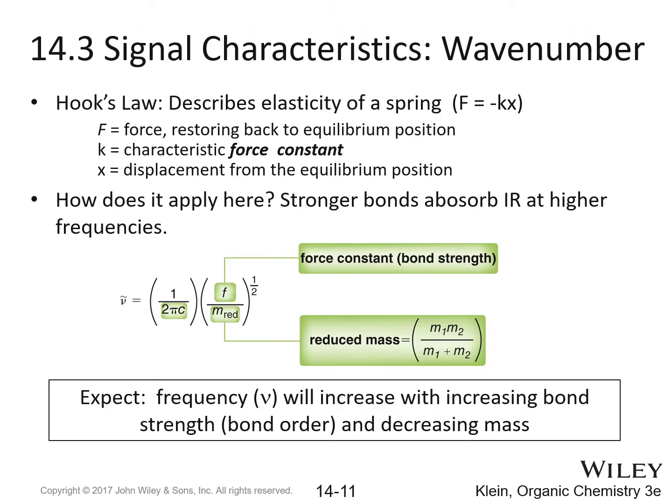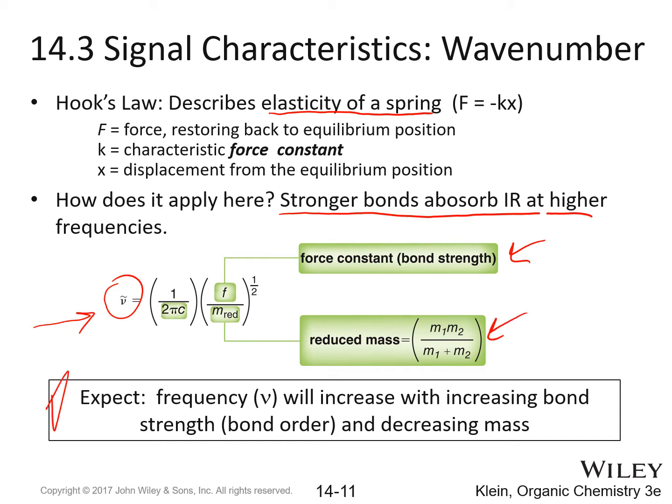Hooke's law describes the elasticity of a spring. And although we're not going to be plugging anything into this equation or applying anything from this equation, it does tell us some important things. It applies in the sense that stronger bonds will absorb IR radiation at a higher frequency. So some factors that affect the wave number, or where it lies on the x-axis, are your bond strength and the mass of the atoms attached.